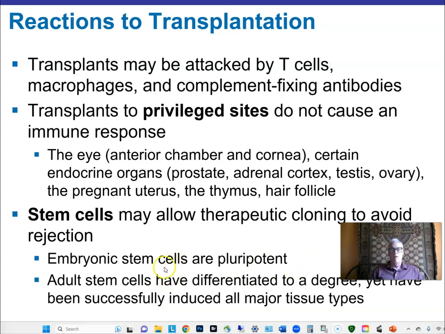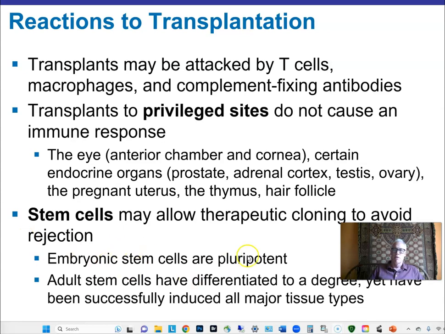Embryonic stem cells are the best stem cells to work with regarding the ability to induce them to differentiate into a particular cell type you want to build with, say cardiac muscle cells or skeletal muscle cells or a gland cell for the islets of Langerhans.